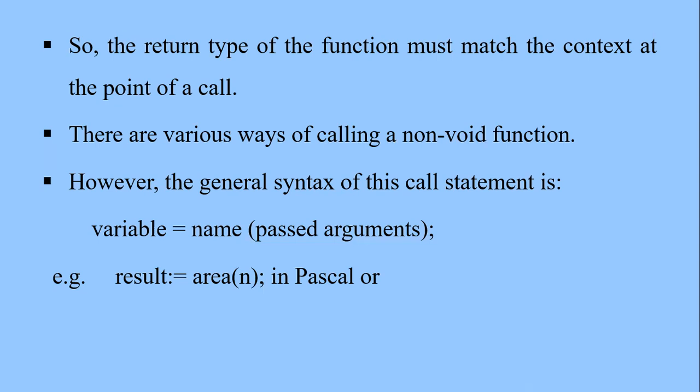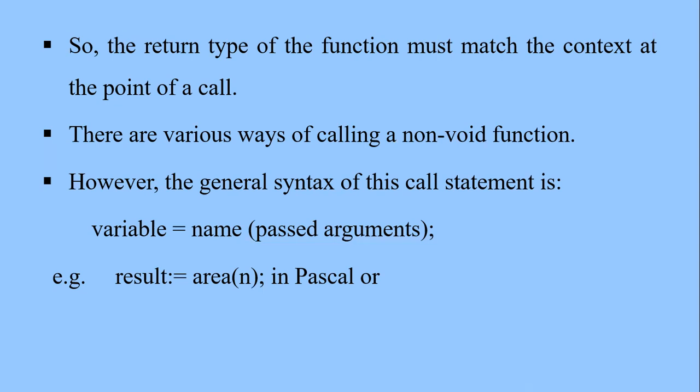So that function called area is going to receive a certain value that is currently in memory location called n as its parameter. It will use that parameter to perform certain executions.